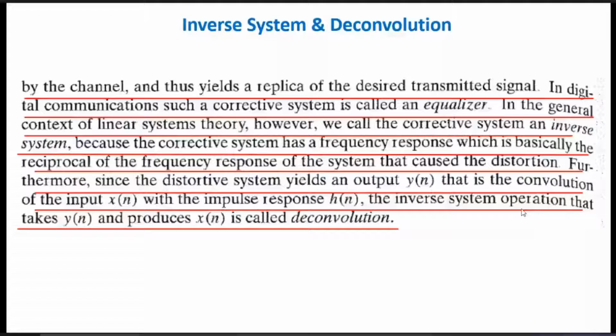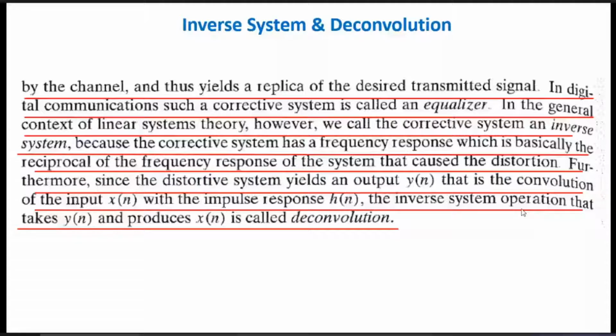So suppose we transmit one signal over a channel. Actually, the channel behavior is unknown, and there are some factors that cause errors during the transmission of the data. So what happens?